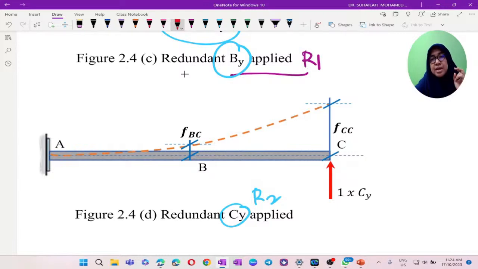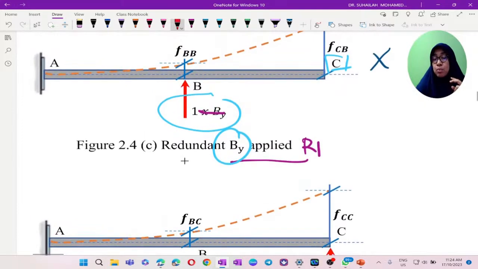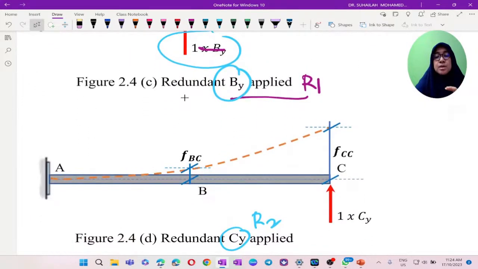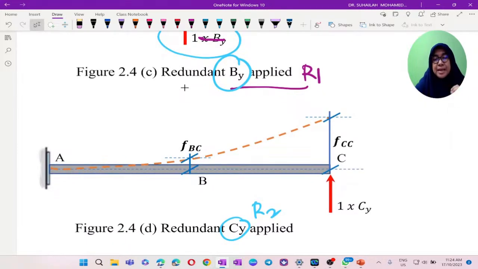Altogether, the sum is equivalent to 0 unless support settlement occurs.